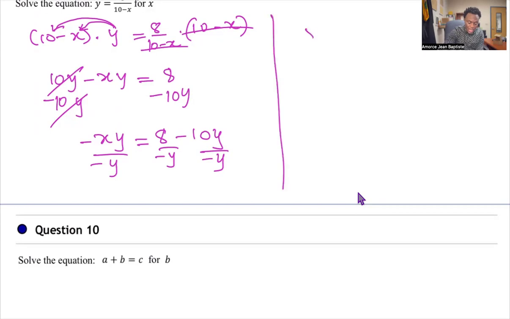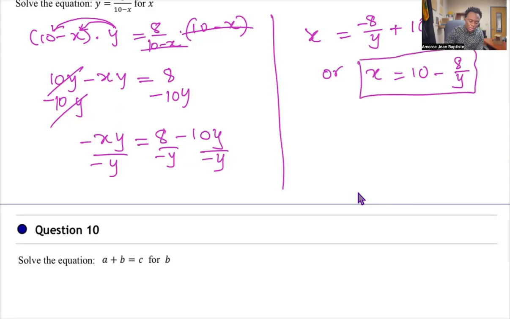Then I would get X equals negative 8 over Y plus 10, or you can say X equals 10 minus 8 over Y. I would prefer the negative term on the back.